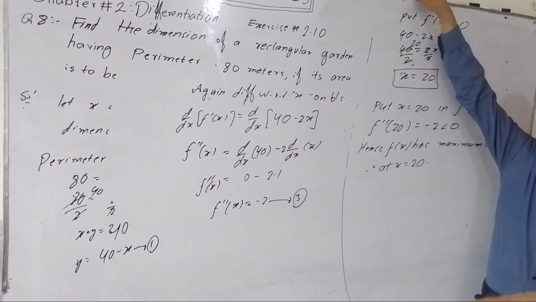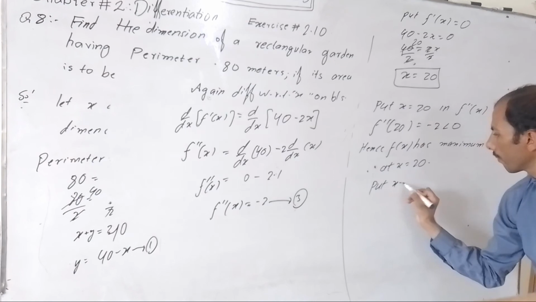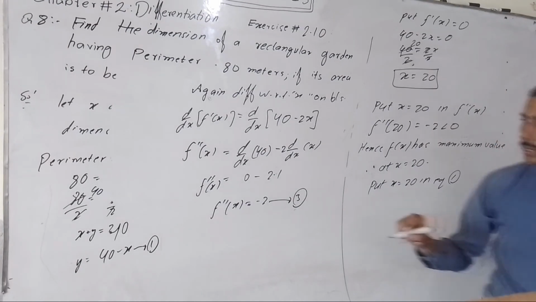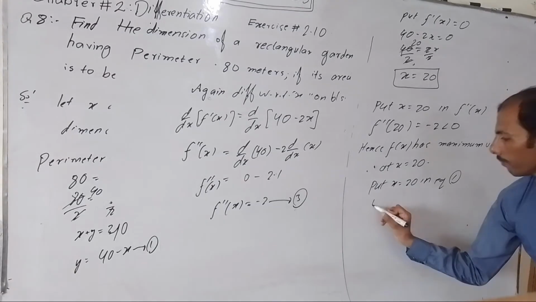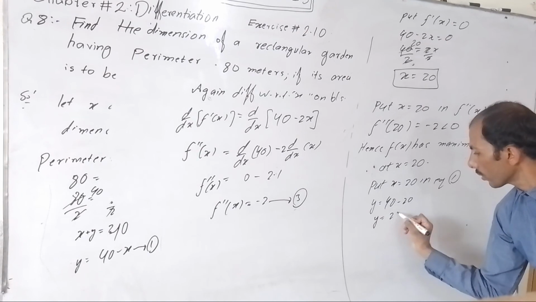Put x is equal to 20 in equation 1. So equation 1 becomes y is equal to 40 minus 20, y is equal to 20.